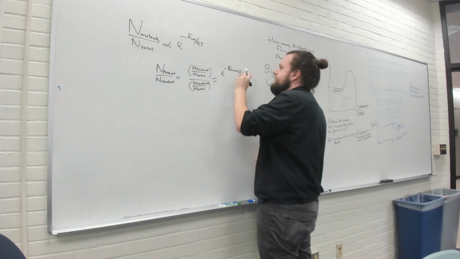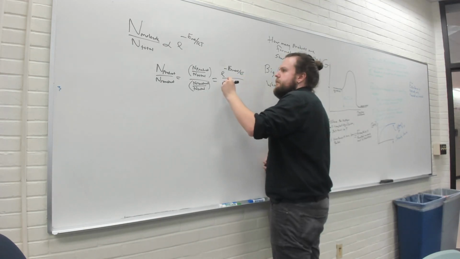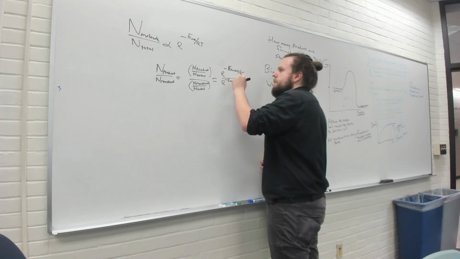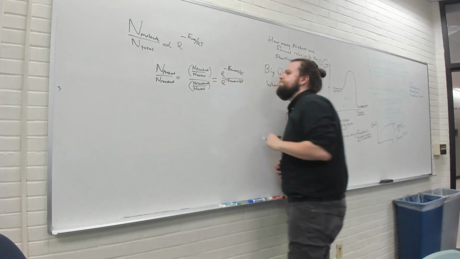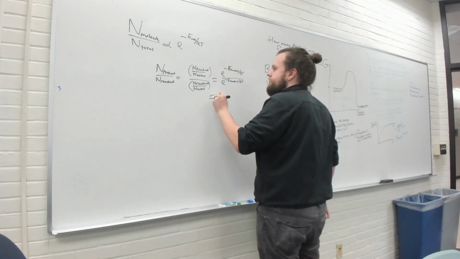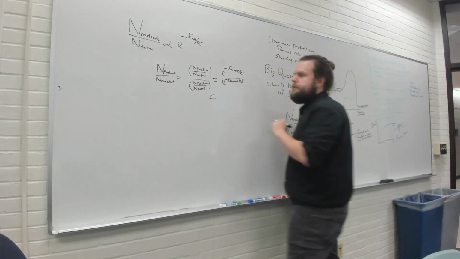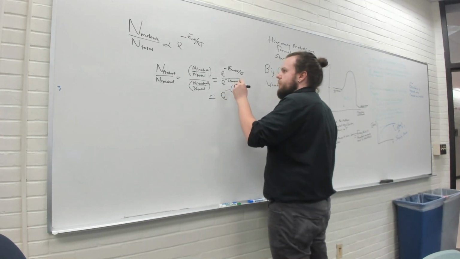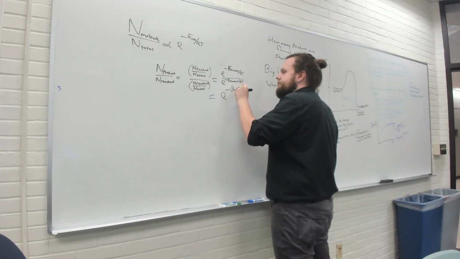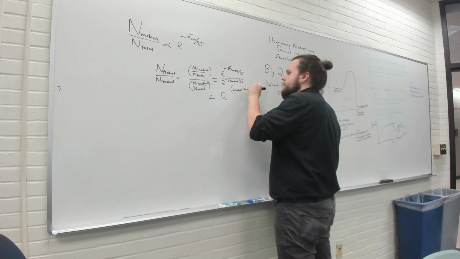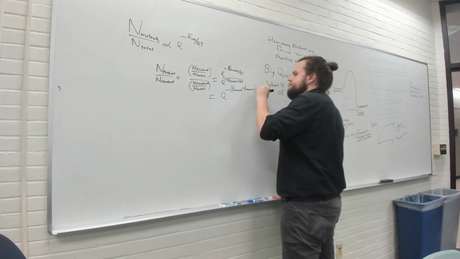We should use kT here, but that's okay, we'll change it later. Divided by e to the minus energy of the reactants over RT. And when you do this math, what you get is that this ratio, N product over N reactant, is e to the minus the difference between the product energies and the reactant energies over RT.